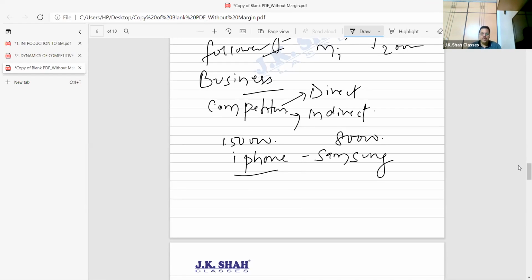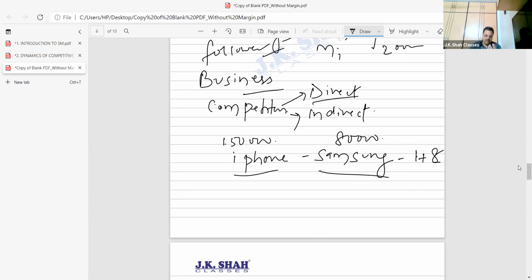So why should you pay 1,50,000? So obviously one would start thinking, yes, I should buy Samsung. His other friend says, buy a OnePlus 8 phone. That is better. So Samsung and OnePlus 8 are direct competition.